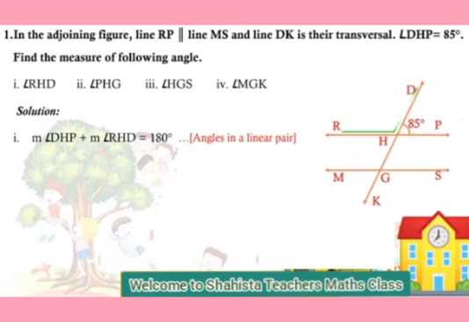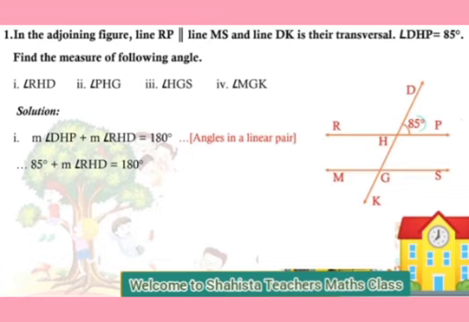RHD, the value we don't know. So here we are finding the value of RHD. After adding both of these, we will get 180 degrees. Why? Because it is an angle in a linear pair. So angle DHP is 85 degrees, angle RHD we don't know. After adding both, we get 180 degrees.